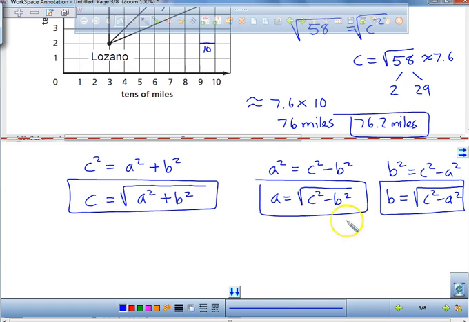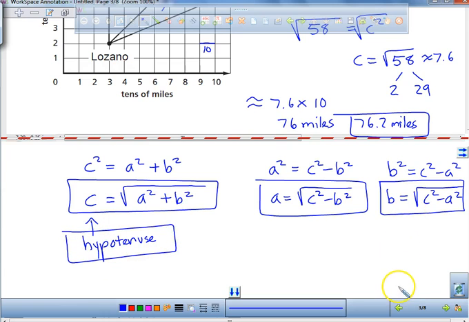And just remember, a and b are interchangeable. They're just the legs. What's the most important side you have to identify? The hypotenuse. If you don't know that, then you're not going to be able to solve these accurately. So there's all of your formulas that you're going to need. The rest of this is going to be super, super easy to do.